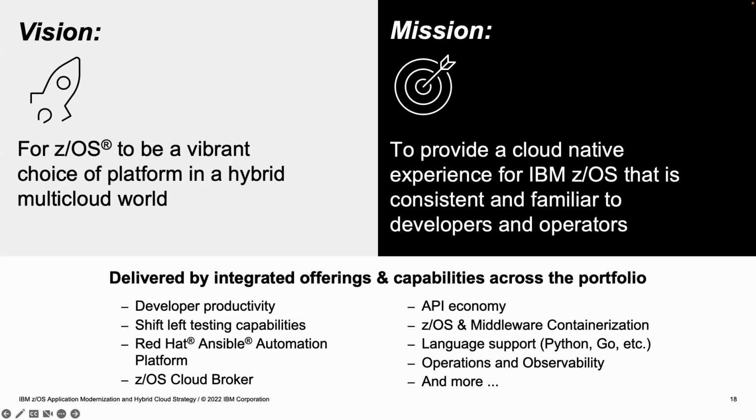So our vision is we really want z/OS to be a vibrant choice of platform in a hybrid cloud, multi-cloud world. And in order to do that, we have to make sure that we provide a cloud native experience for IBM z/OS that is consistent and familiar to developers and operators.